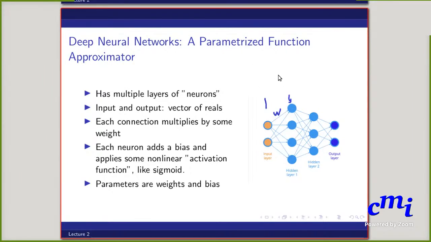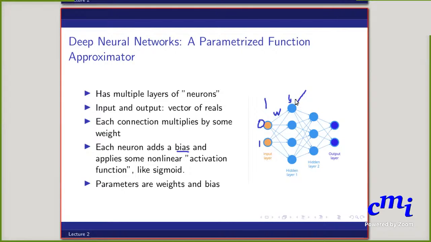So if I call this input 0 and input 1, what we end up seeing is some linear combination of input 0 and input 1 plus some bias that gets added. The bias is just going to be some constant term, and that is the input to this particular node, right?